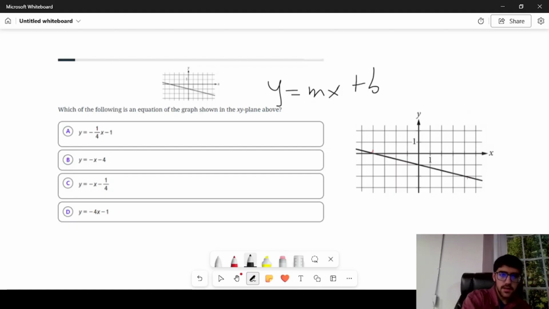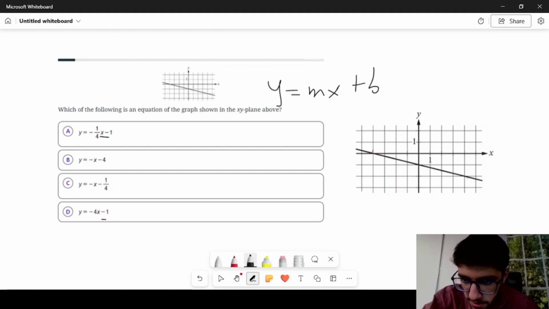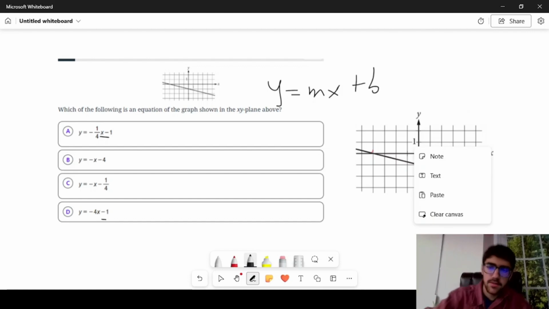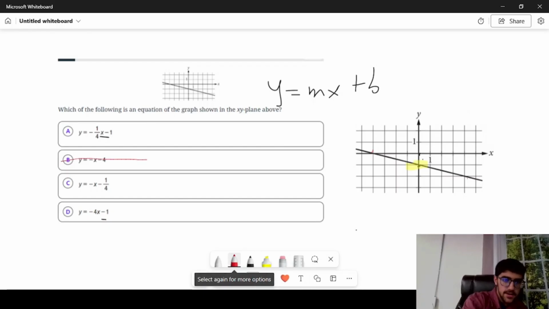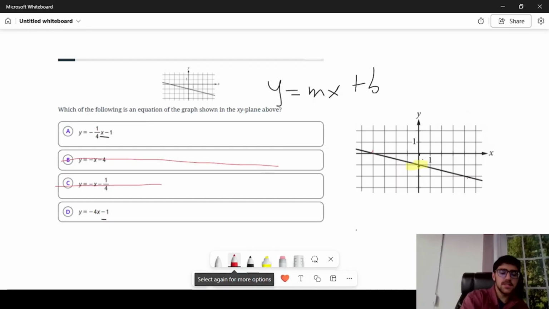We look at the graph, the y-intercept is when x is 0. So when x is 0, you go down, it is -1. The y-intercept is right here at -1. So you automatically know that the answer will be either A or C, because the rest of them don't have that y-intercept.